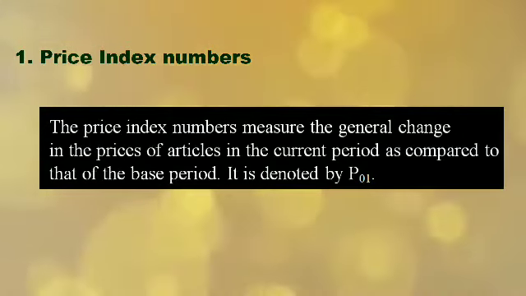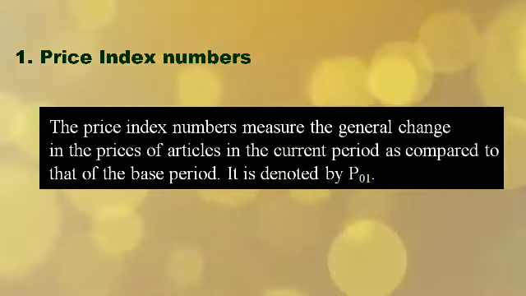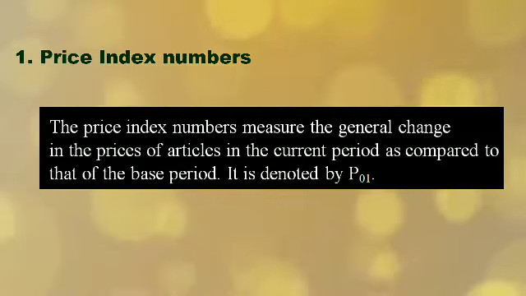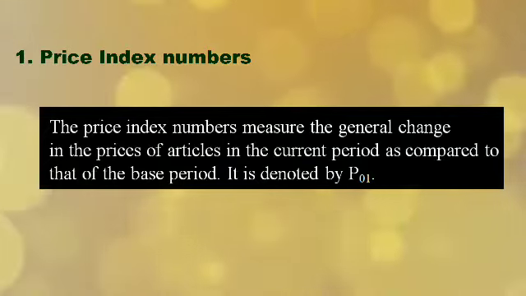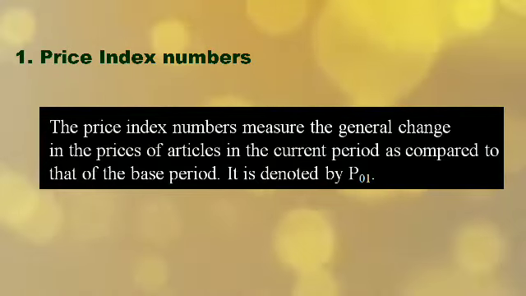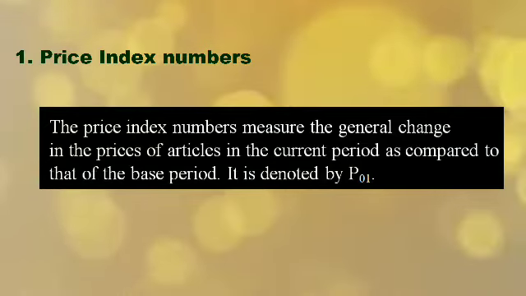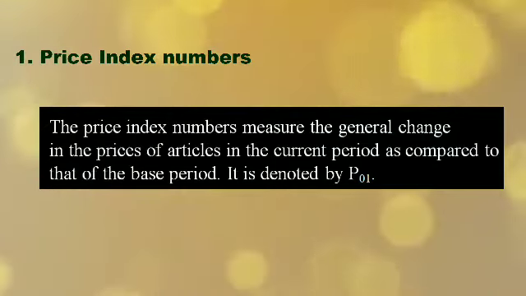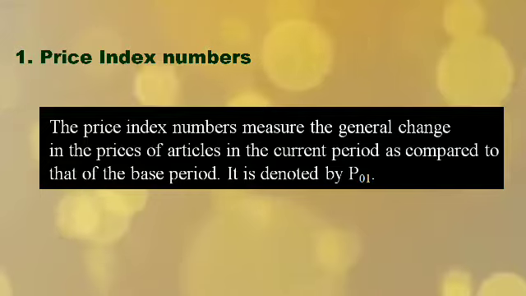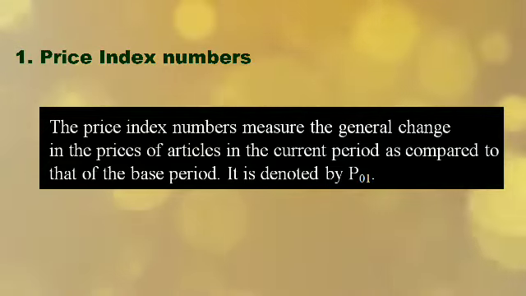P indicates price, so here you are computing the price value. In P01, 0 is the indication for the base period and 1 is the indication for the current period. Here you are comparing the price values of the current period with that of the base period. So 0 is the base year, 1 is the current year.